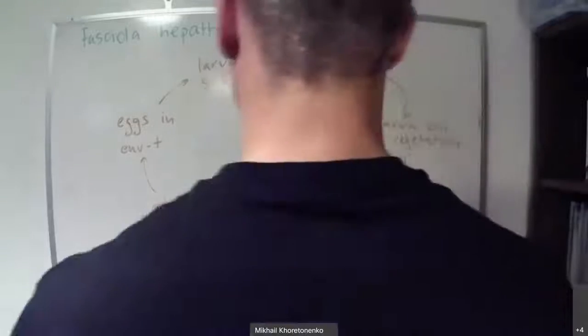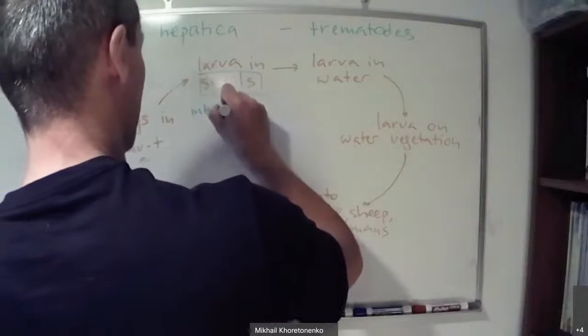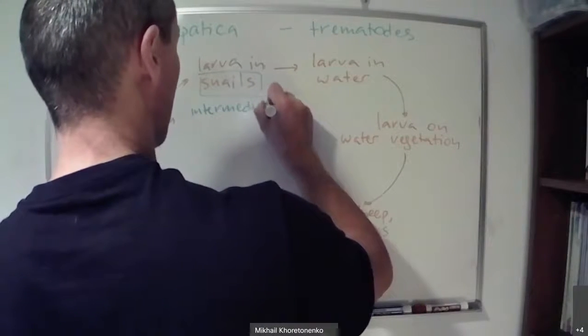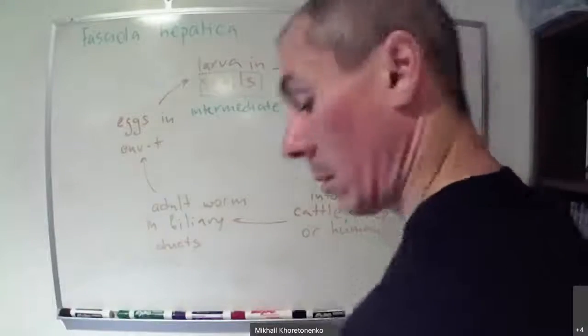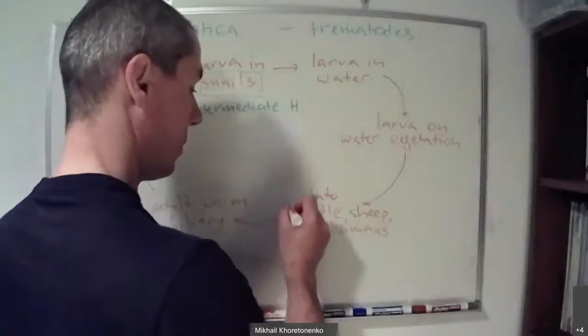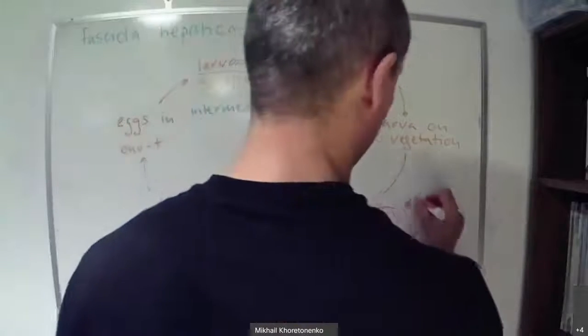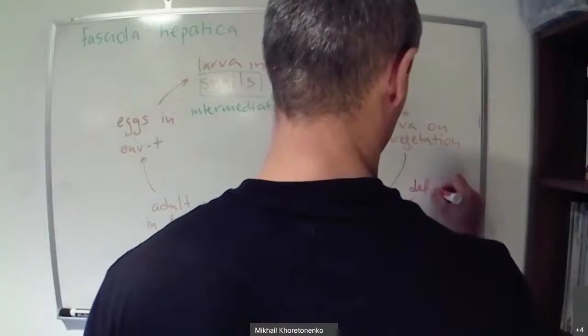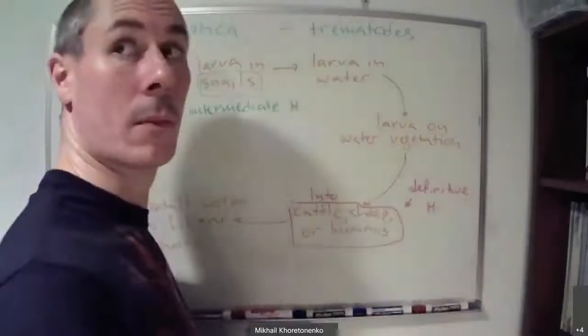So in this scheme of things, snails are the intermediate host, and cattle, sheep, or humans are the definitive host. Okay.